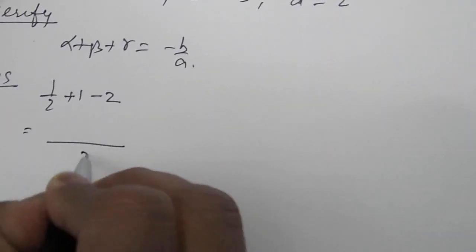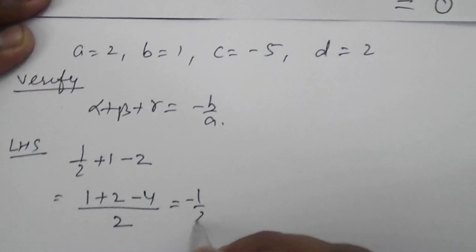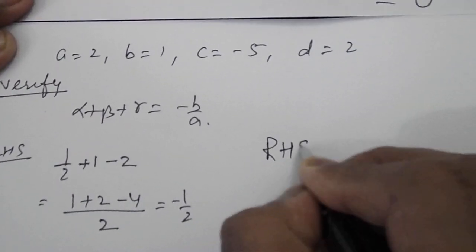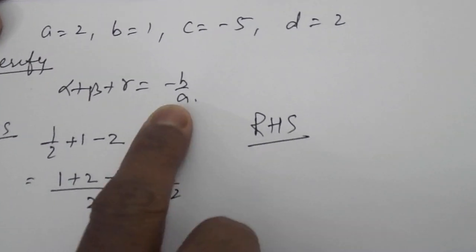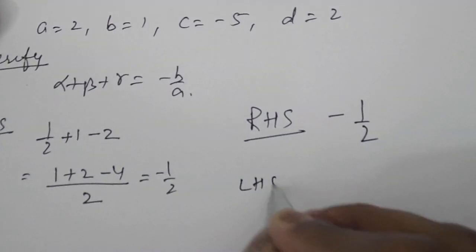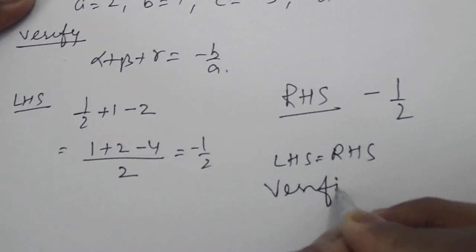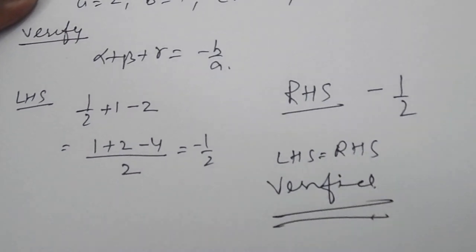Take the LCM 2. It will be 1 plus 2 minus 4, which gives you minus 1 by 2. Now come to the RHS, minus B by A, which is minus 1 by 2. So LHS is equal to RHS, verified. So the first part is verified.